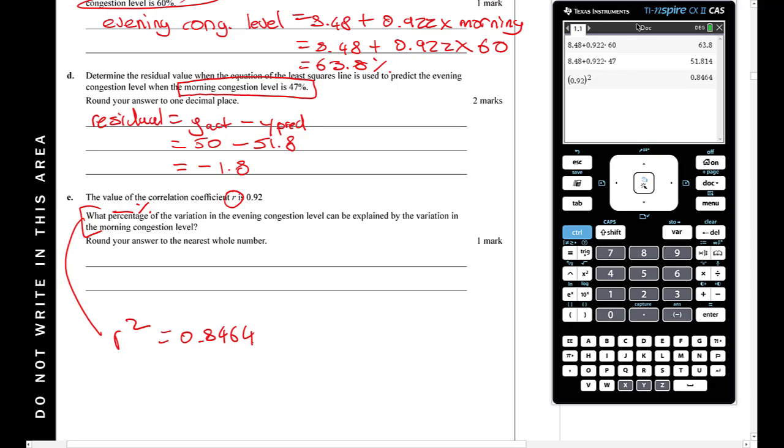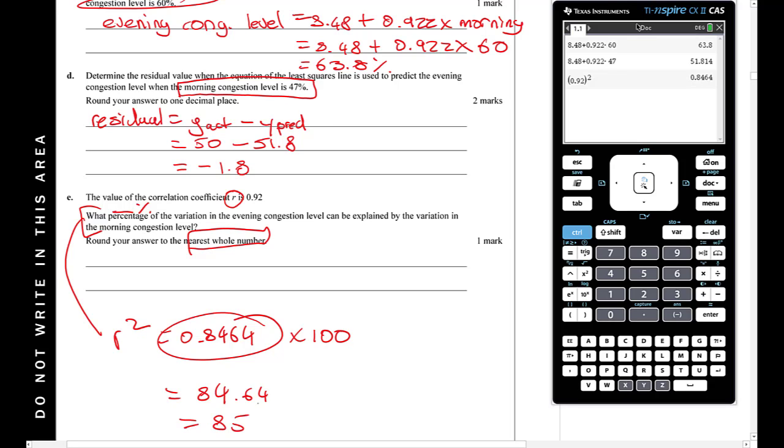We have to convert that to a percentage, so we multiply it by 100. That gives us 84.64. It says the nearest whole number, so it's going to be 85%. So my answer is 85%. And that's how you'd calculate and complete this question.